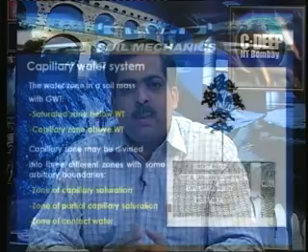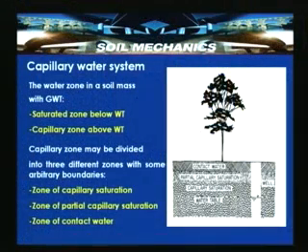The zone of capillary saturation is where complete saturation is said to prevail even above the groundwater table, then the zone of partial capillary saturation, and the zone of contact water. So, we have divided this capillary zone into three different zones: the zone of capillary saturation, the zone of partial capillary saturation, and the zone of contact water.